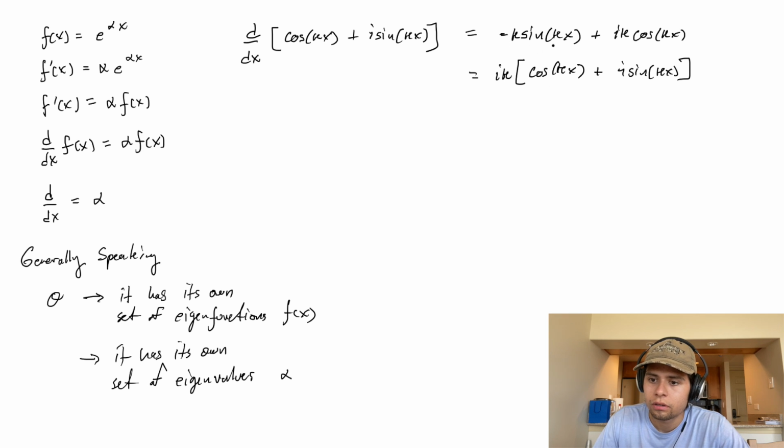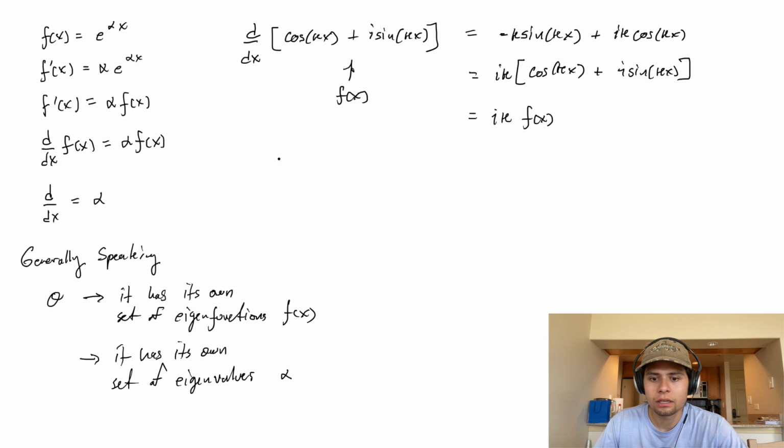Okay, so if we multiply this by this, we get this here. If we multiply this by this, we get this here, right? And cosine kx plus i sine kx, that's the same thing as this. So that's the same thing as ik f of x, because this follows the pattern of f of x. So I'll just say f of x, where f of x is this. So this here is f of x.